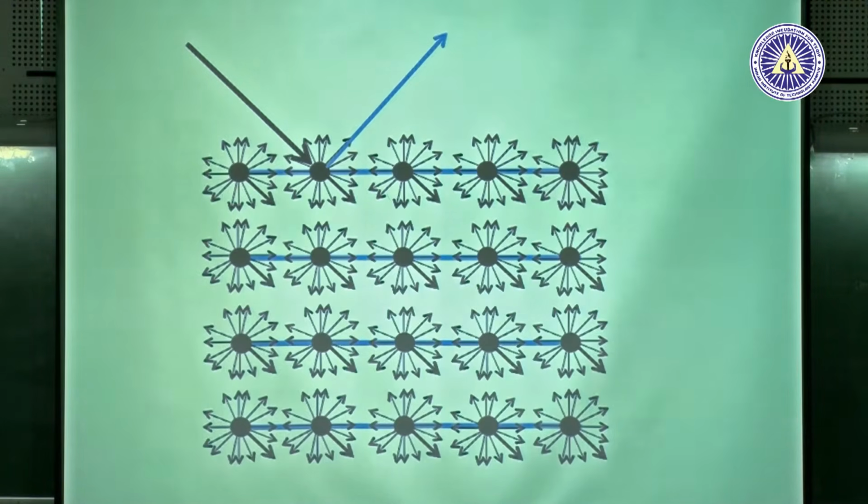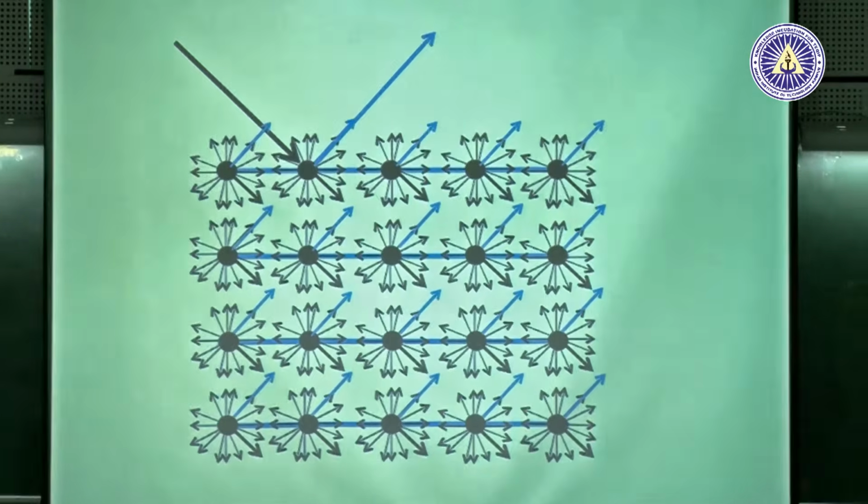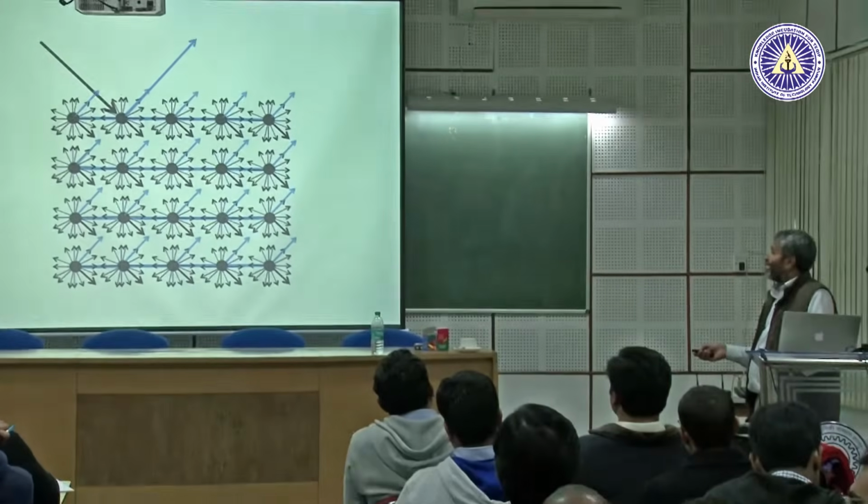Totally hypothetical and nothing to do with the physics here. Physics has already been done. The physics is that you add all these waves and you get a diffracted beam. Laue did that analysis, and it did not require any introduction of mirror planes, simply addition of all the waves from all the atoms, and you will predict the correct diffracted beam. But then introducing this mirror plane by Bragg brought in enormous simplicity to the analysis of the diffraction pattern, and that is why Bragg got the Nobel Prize.